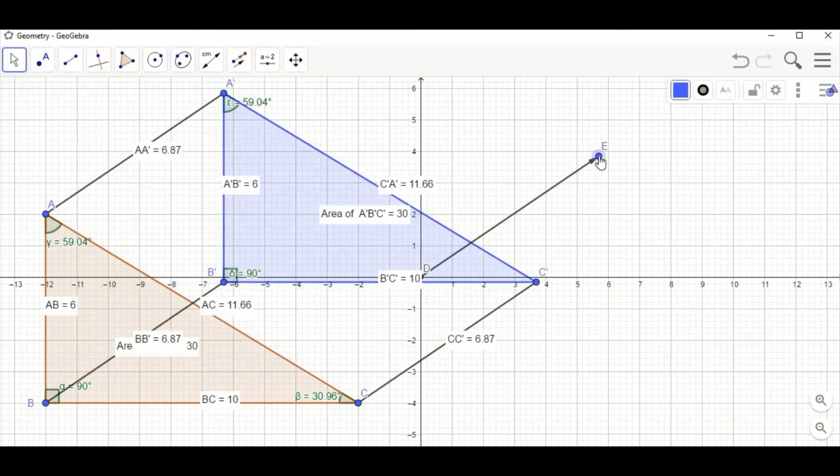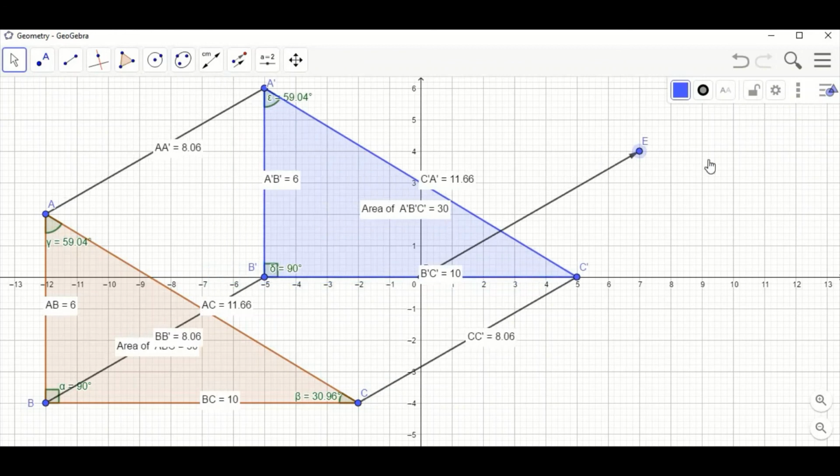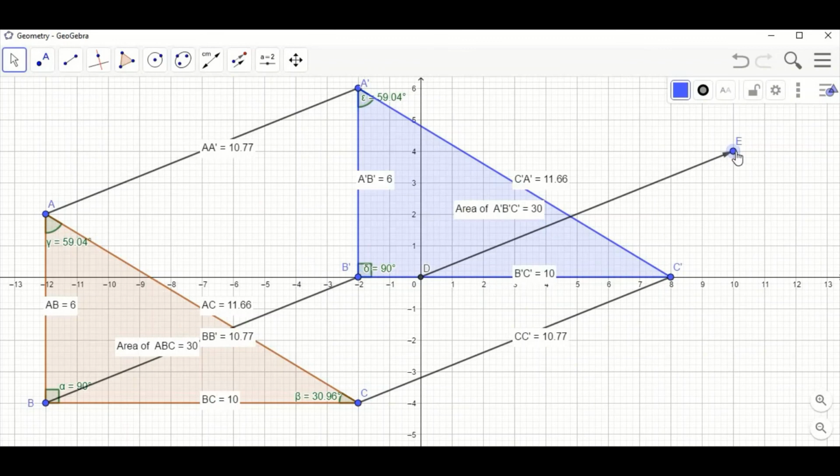So note, if I change the translation vector now, where it now has a movement of 10 units to the right and 4 units up, you would note that each point on the image will move along with it, right? And all the properties that we have just identified would also maintain.